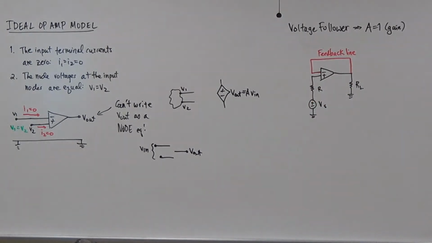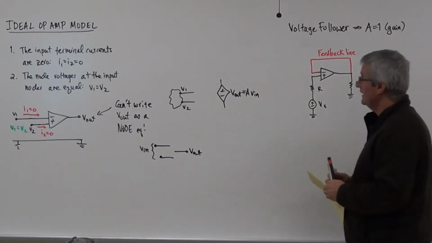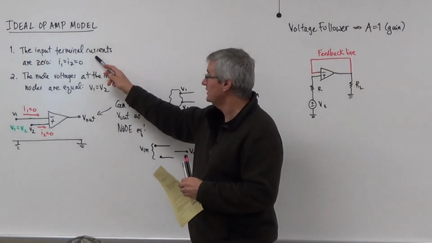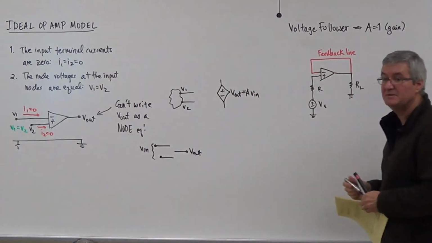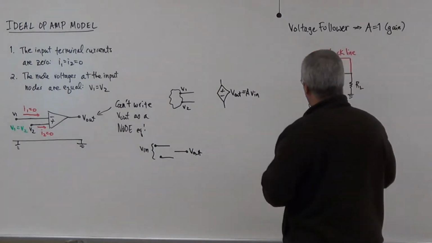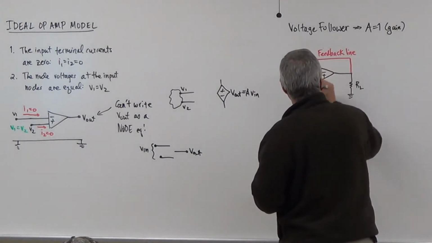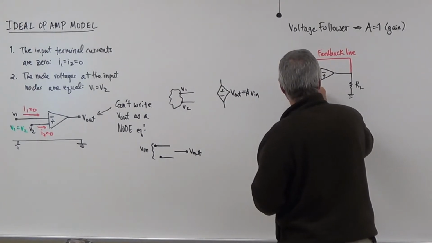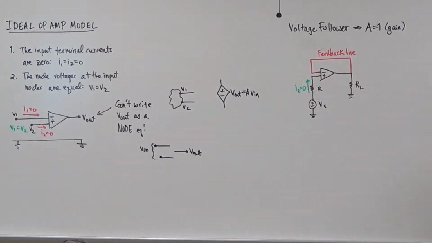So the first thing I see here is the first condition, which says that the currents must be 0 on any branch. So when I look at this branch right here, that means the current flowing here is 0.